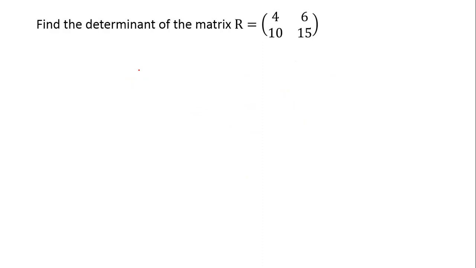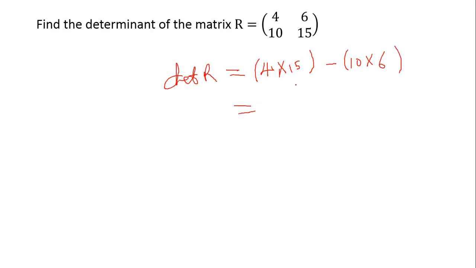And then we have another matrix R, which is 4, 6, 10, and 15. So here the determinant will be 4 times 15, then we subtract 10 times 6.